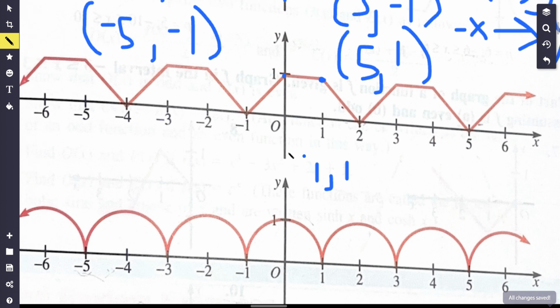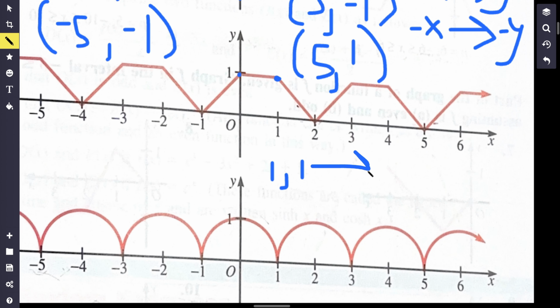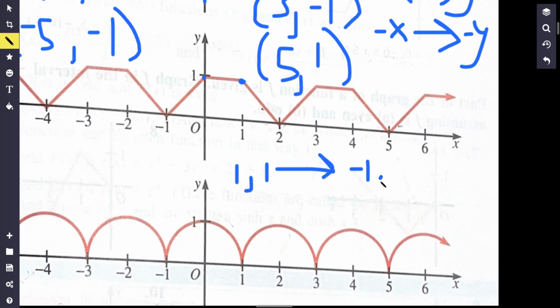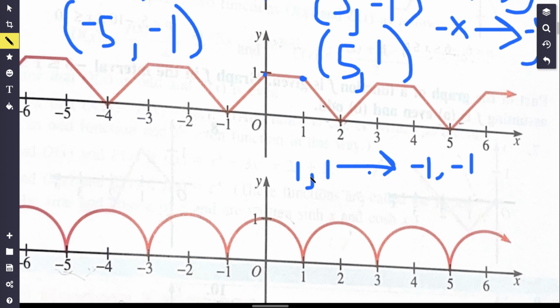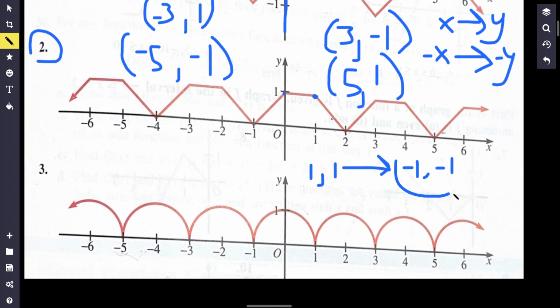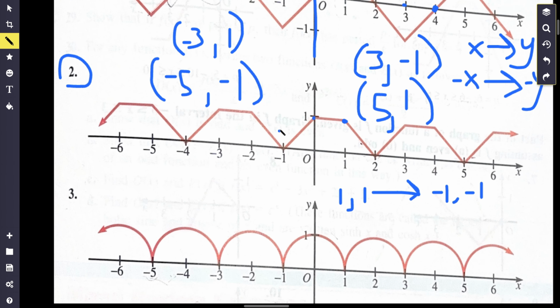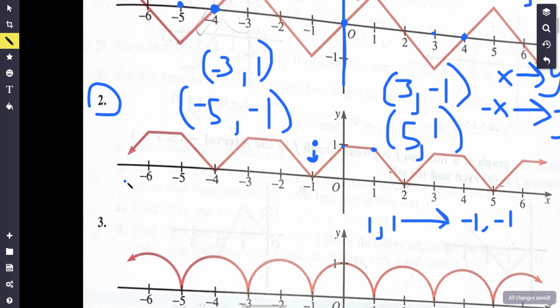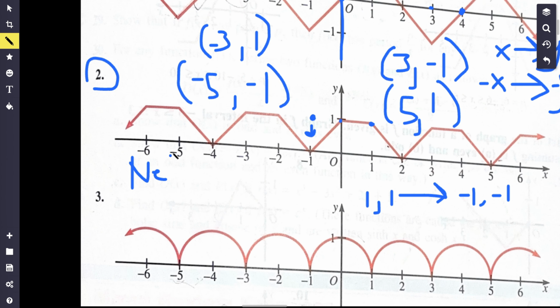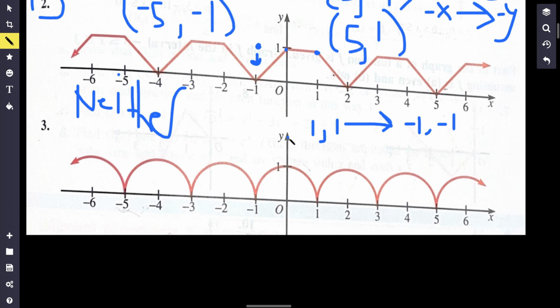So if this function was really odd, then if the x value is negative 1, the y value would be negative 1 as well. There should be a point that's like this. And in this case, there's no point that's like this. So this function is neither. And then the last function, symmetrical about the y-axis, has to be even.